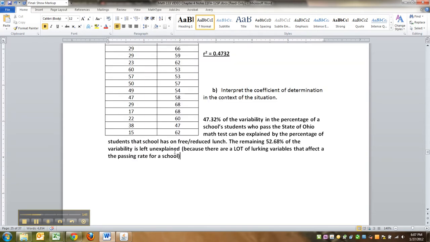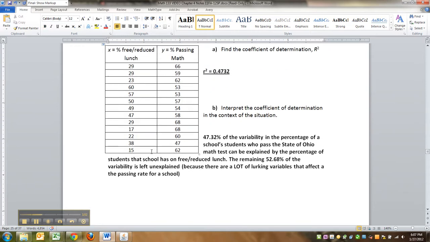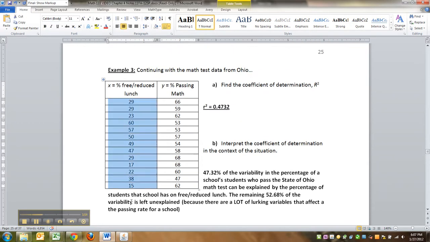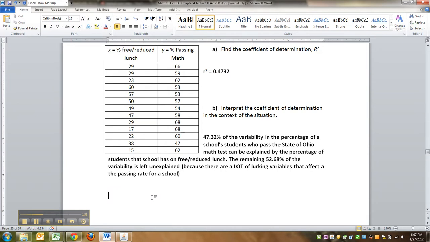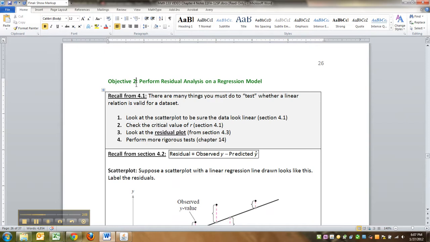I mean, the culture of education in that area, the socioeconomic, free reduced lunch is only one factor in a socioeconomic picture. Race, ethnicity, gender, I mean, there are tons of things that affect all of that. All right. Now we're done with Objective 1.